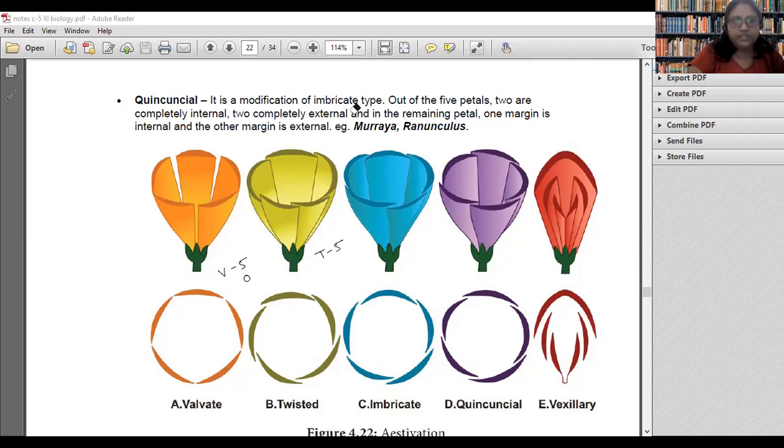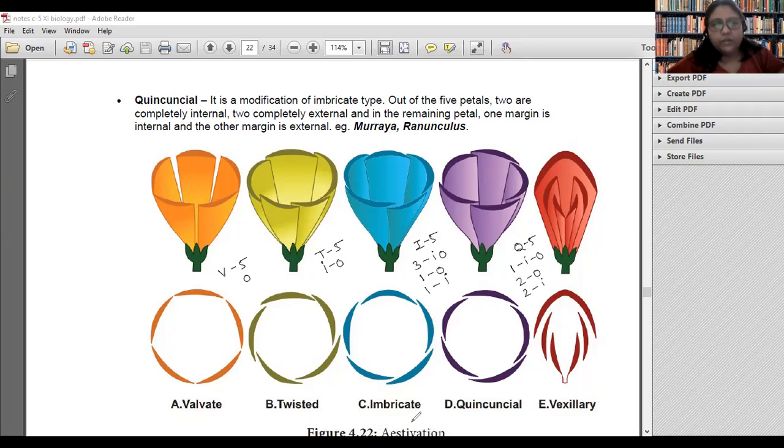In case of twisted, you can write I, O. In case of imbricate 5, you can remember it this way, that 3 are I, O, 1 is out and 1 is in. In case of quincuncial, you can say that out of these 5, 1 is in out, 2 are out, 2 are in.